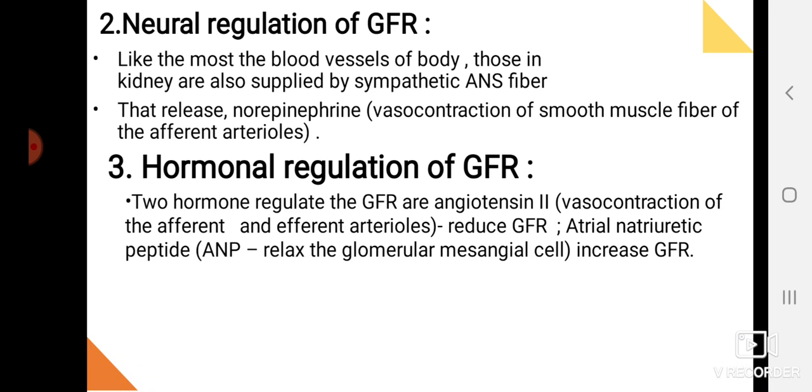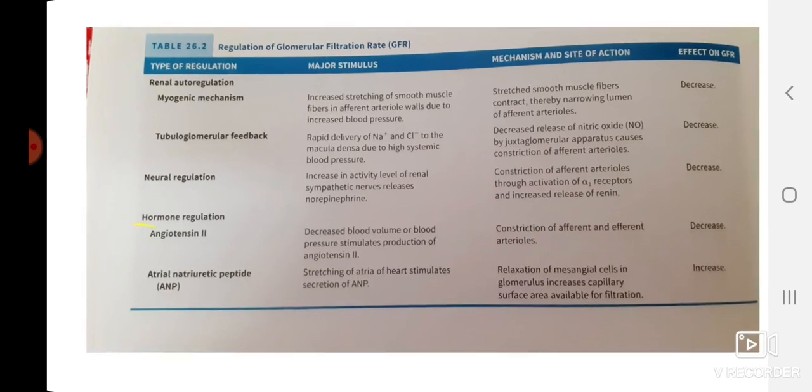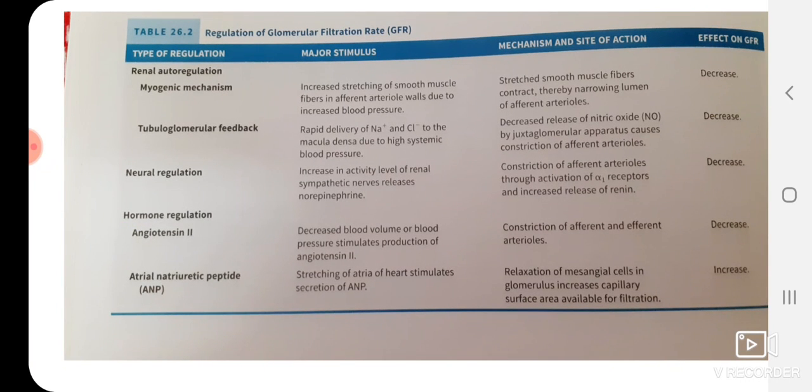Now we see a table. In this we summarize the regulation of glomerular filtration rate: these types of regulation, the stimulus, the mechanism, the site of action, and the effect on the GFR.